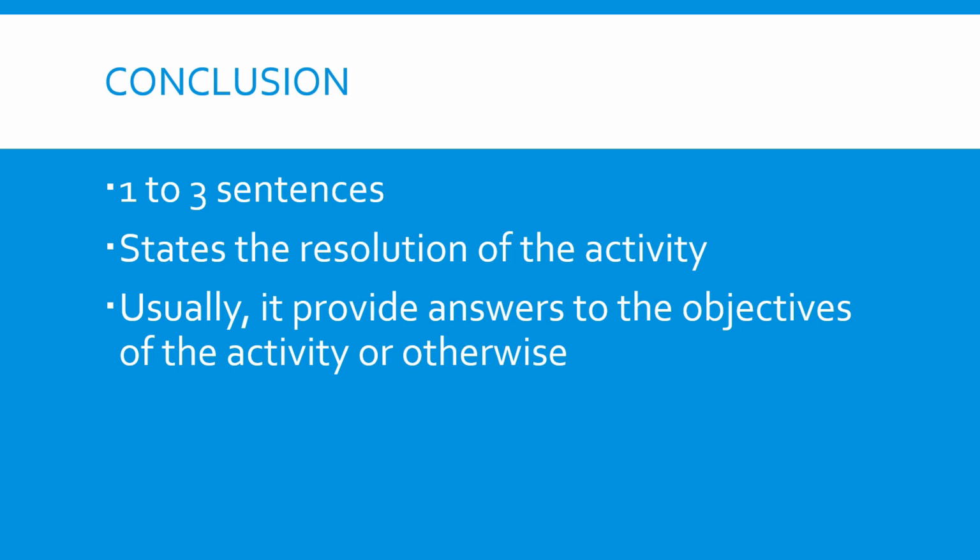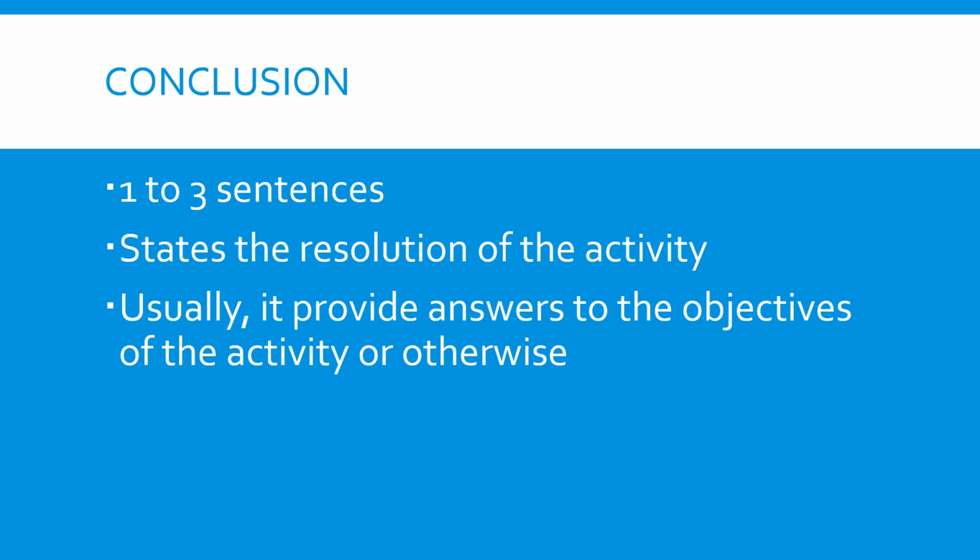So, let's say your activity is on measuring densities of different solid samples. Let's say, irregular and regular solid objects. So, we will use techniques on how to measure the volume.